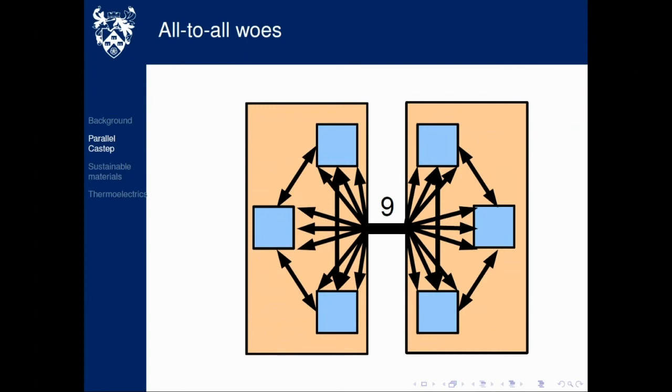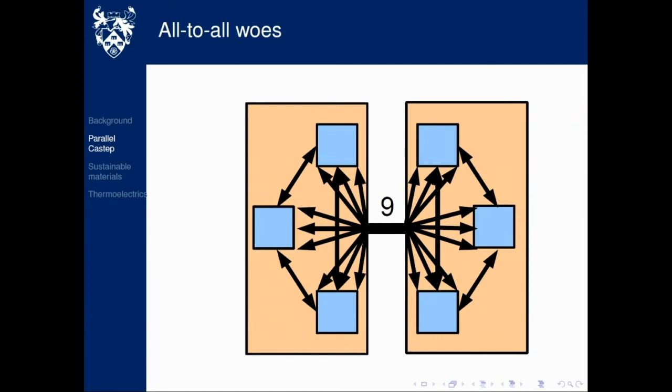So all of those communications, anything that is a communication between something on the right with something on the left or vice versa has to go onto the interconnect between the nodes, and that has to go via the NICs. So in this simple example, there are 9 messages doing that, and there are 2 NICs. So I'm sharing the NICs, and I've got to get 9 bidirectional messages through them.